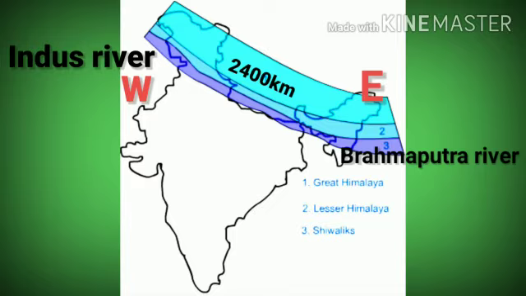The width of these ranges varies. In Kashmir, the range is 400 km wide, while in Arunachal Pradesh, the width decreases to 150 km. The Himalayas are formed from three parallel ranges: the Himadri, Himachal, and the Siwalik.